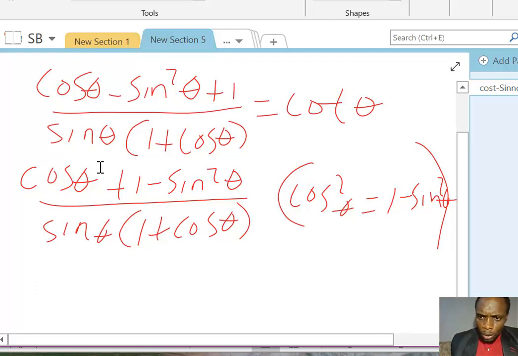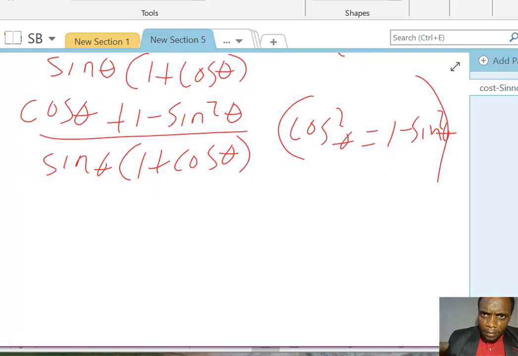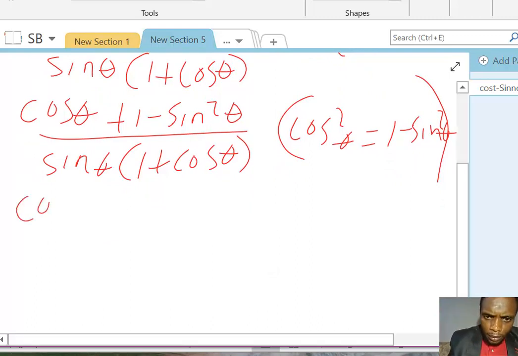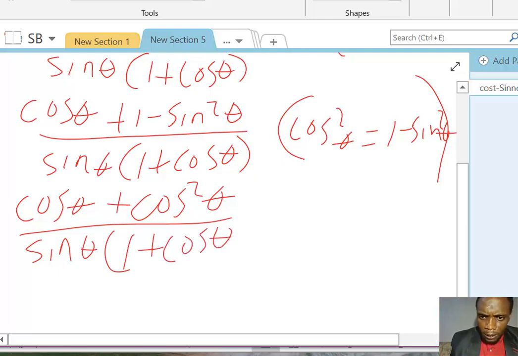This gives cos theta plus cos square theta, all over sin theta into 1 plus cos theta.